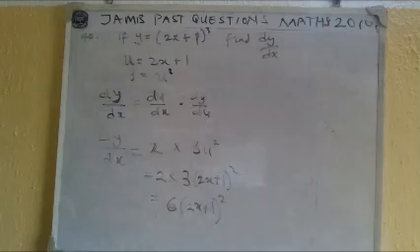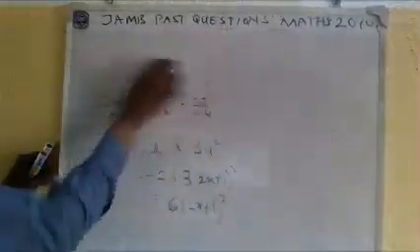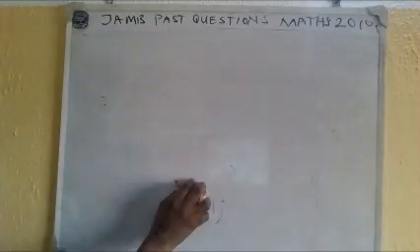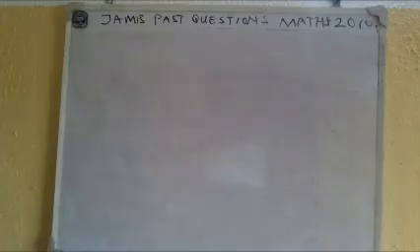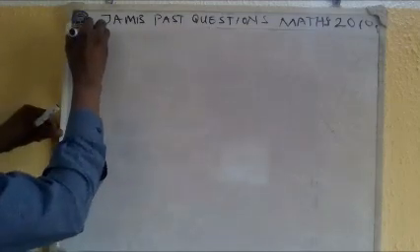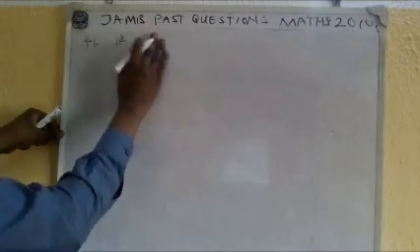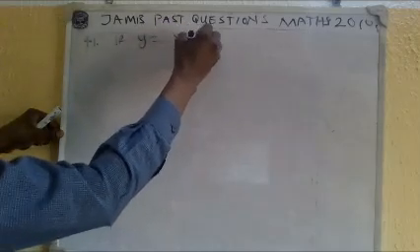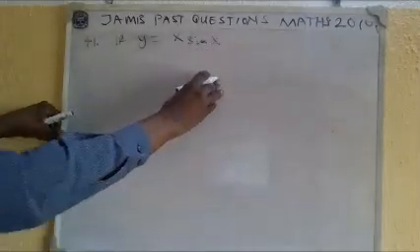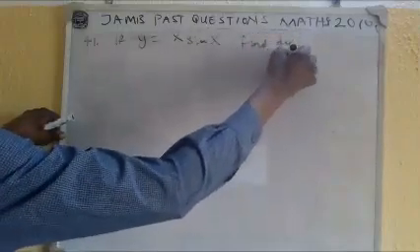Okay, so number 41 says if y is equal to x sine x, then find dy/dx.